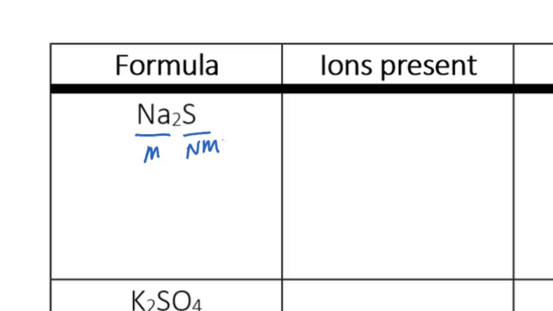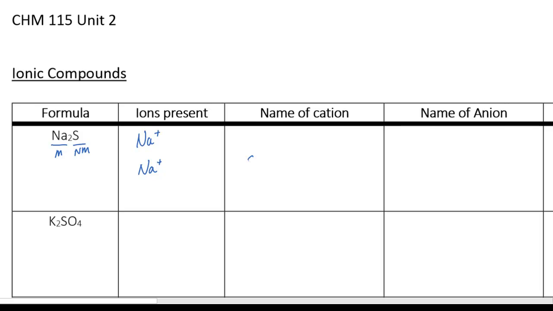And so the formula tells us there are going to be two sodium ions produced, and one sulfide ion produced. Notice that this is not a sulfur ion, this is a sulfide ion. The sulfide ion is a sulfur atom that has taken on the electron configuration of argon.